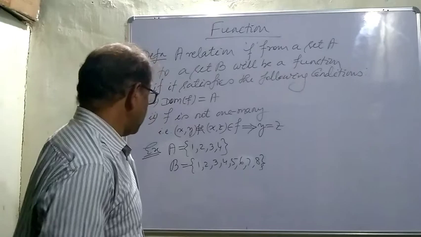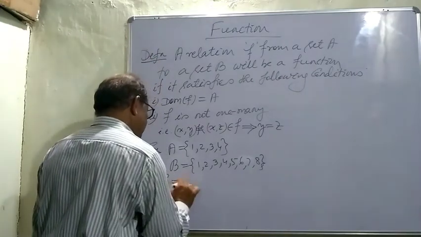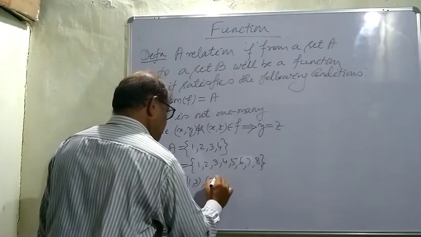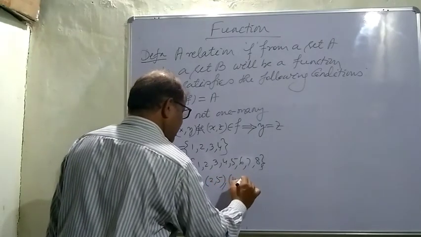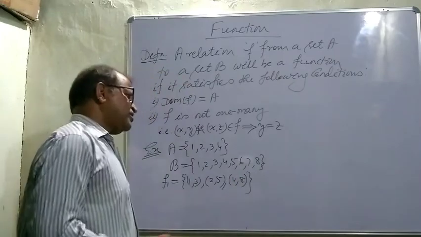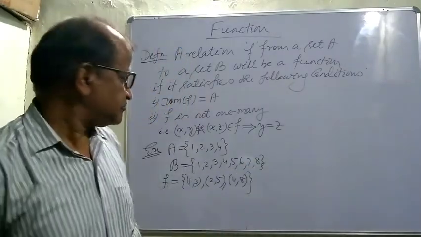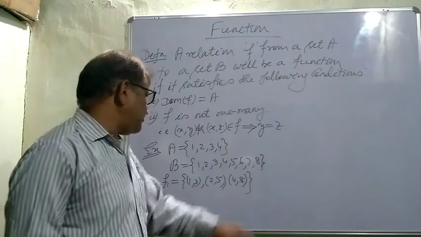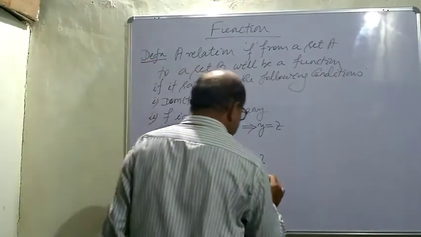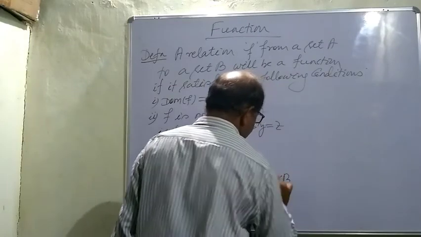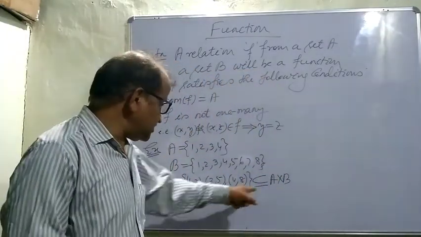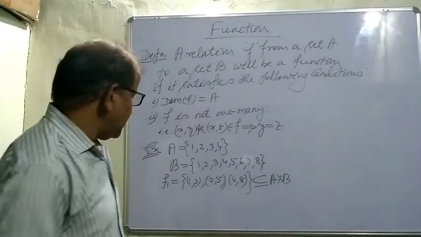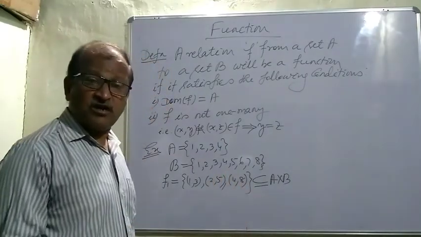Suppose F1 is {(1, 3), (2, 5), (4, 8)}. I have taken very small sets A, B. No doubt it is a relation from A to B because it is a subset of A Cartesian product B. Let us see whether it is a function or not.